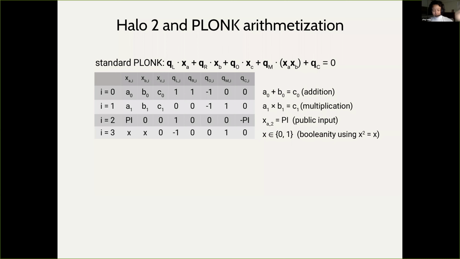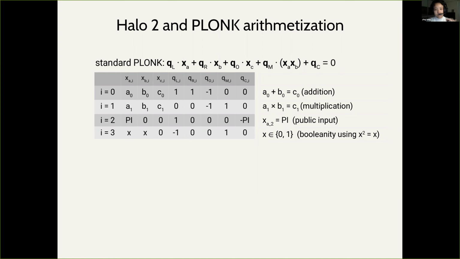Okay, so let's say we want an addition gate. We want to enforce A0 plus B0 equals C0. In Plonk, first we set our variable columns XA, XB, and XC on the left, 3 columns, for our left and right inputs as well as our output.